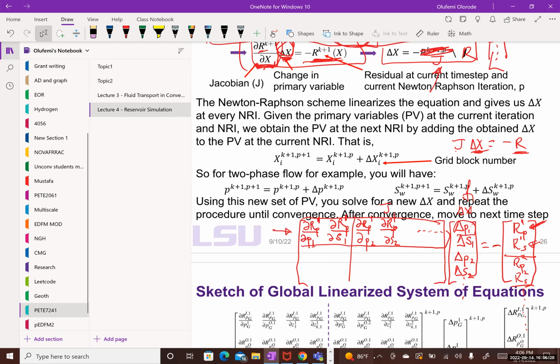It will turn out that most of the derivatives will become zero. Because if you differentiate the R1P with respect to grid block 20, and grid block 20 is not a neighbor of grid block 1, it will be zero. Because you're differentiating something with respect to another variable entirely. So that's why it's sparse.